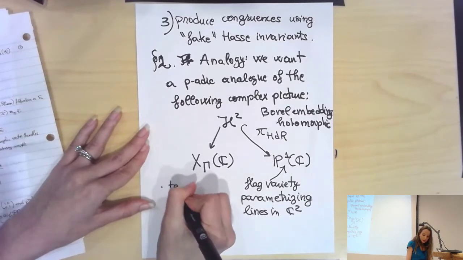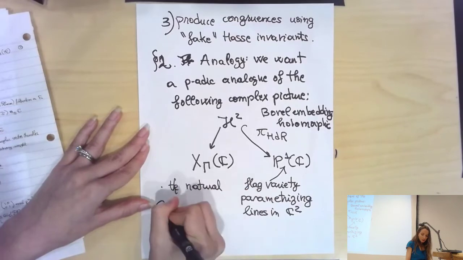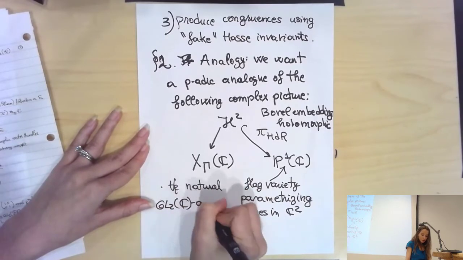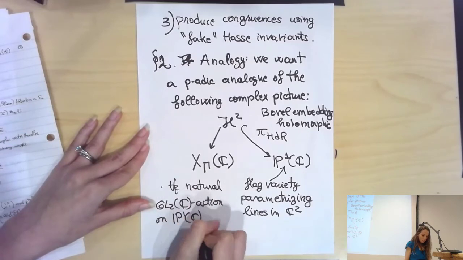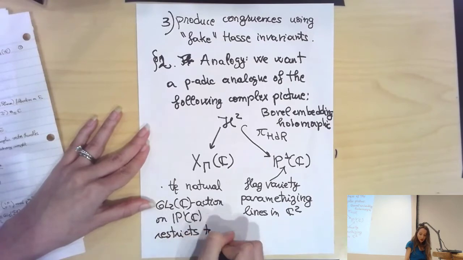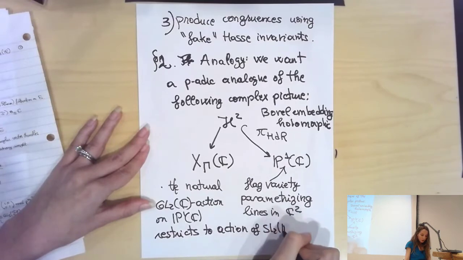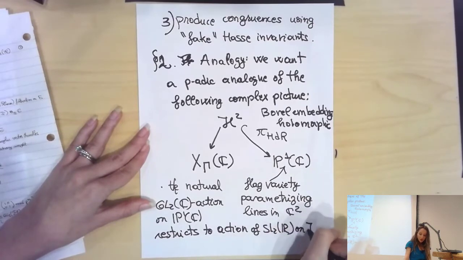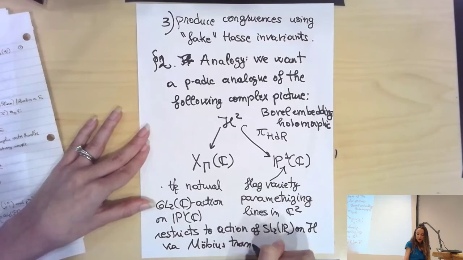So I'll say this as the natural GL2C action on P1 restricts to the action of SL2R on H via Möbius transformation. So the one that we wrote down explicitly. And you can check that it really is the natural one you would write on P1.